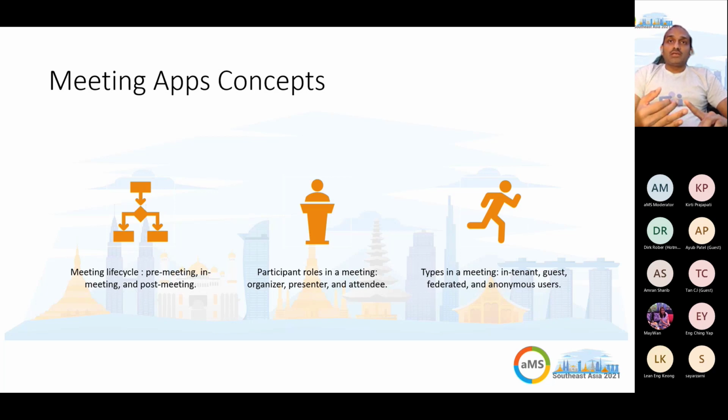The second one, the roles: organizer, presenter, and attendee. There are three primary roles. The organizer is the one who is going to organize a meeting. Presenter, it's again like me, I'm presenting something. Attendee is self-explanatory. As I mentioned, there are several APIs available with which you can find out the role, and based on the role, you get the details.